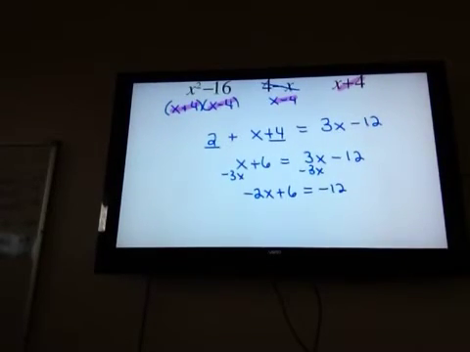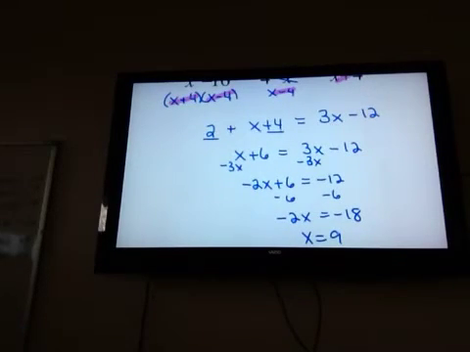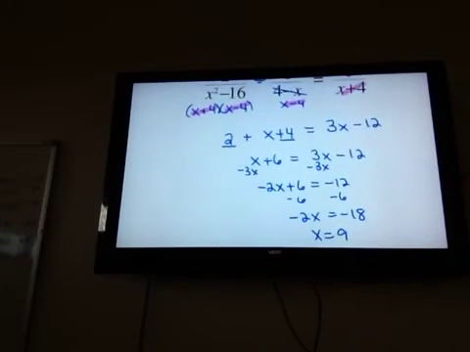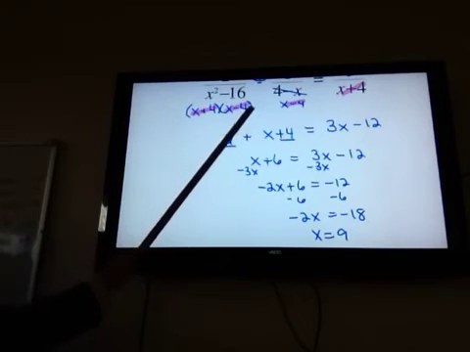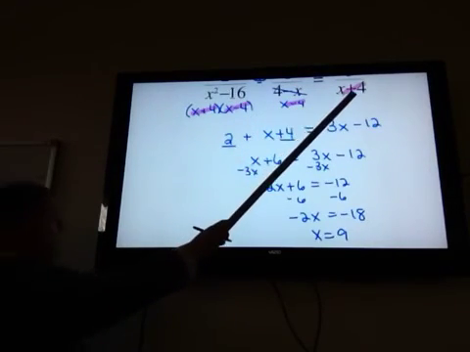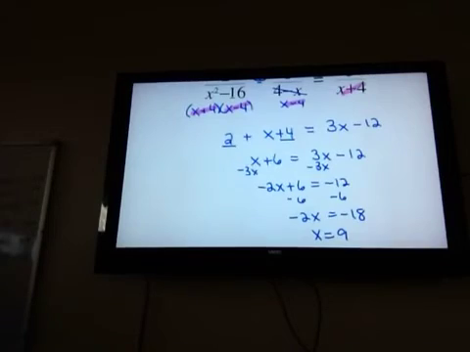If I brought x's to the left, my constants go to the right, so subtract your 6. So minus 2x is minus 18, and divide, and x is 9. Is 9 good? 9 plus 4, 13. 9 minus 4, 5. 9 minus 4, 5. 9 plus 4, 13. So we're good. 9 works. 9 is good.